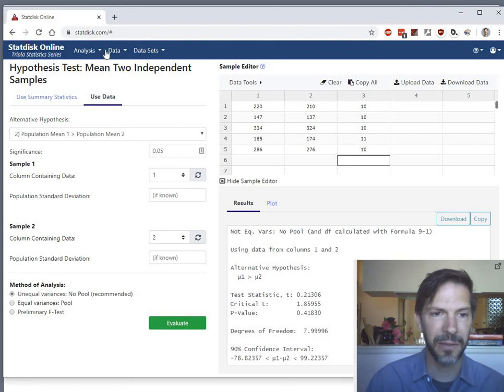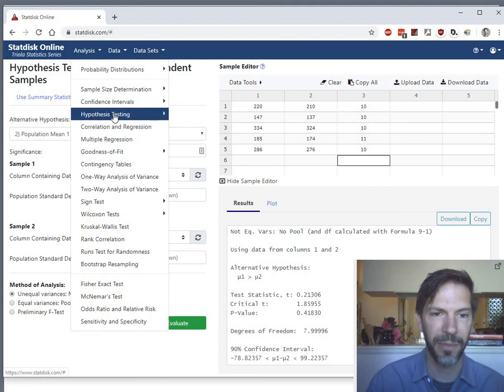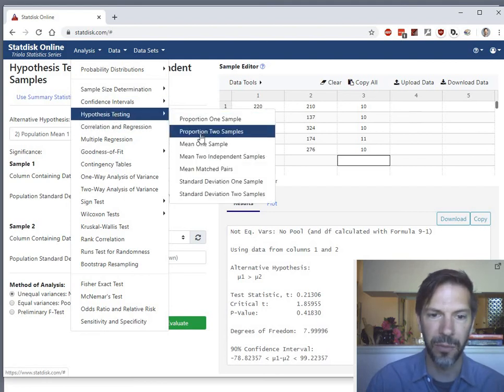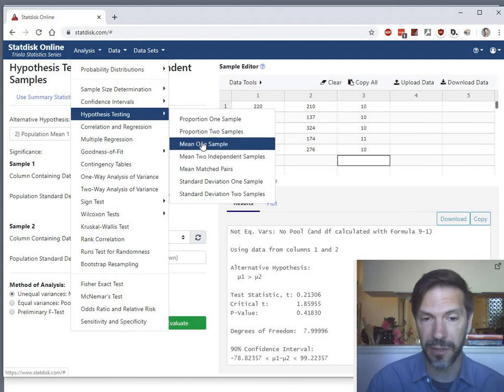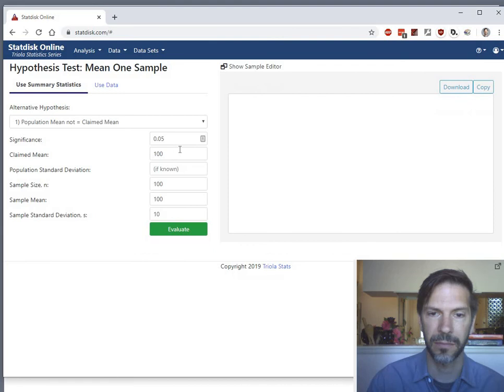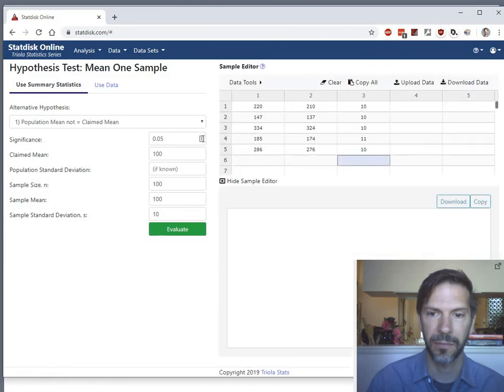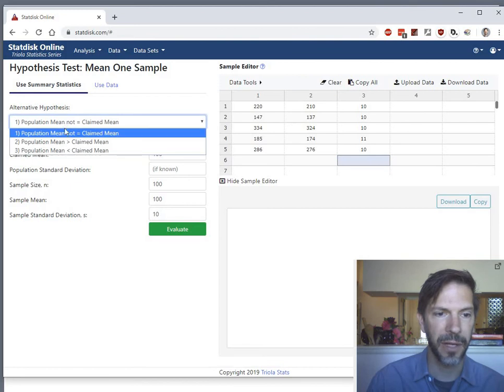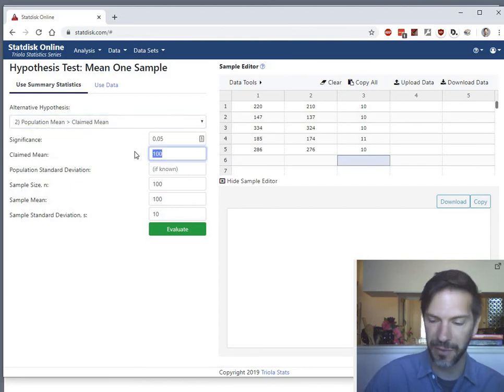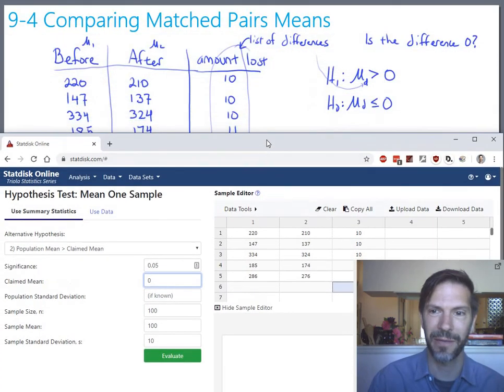So let's go to, we're in the wrong test now. Let's go to analysis, hypothesis testing. We want mean 1 sample. We want to say that our population mean is greater than the claimed mean of 0. All right. Remind yourself of the hypotheses here.